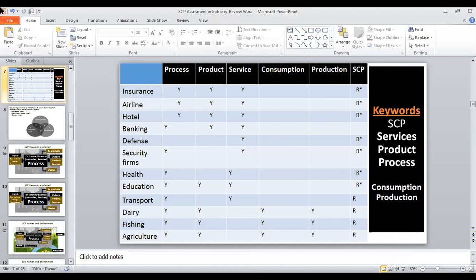So this is a very important slide for you, just to have an opinion or understanding of the relevancy of sustainable consumption and production. Okay. Anyway, we have learned what sustainability means. That is based on the sustainable development goals.